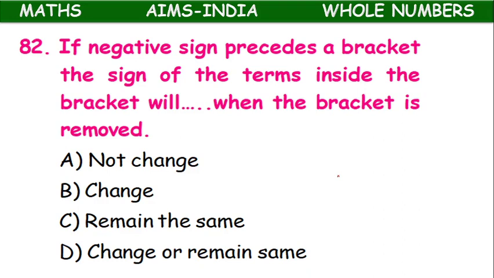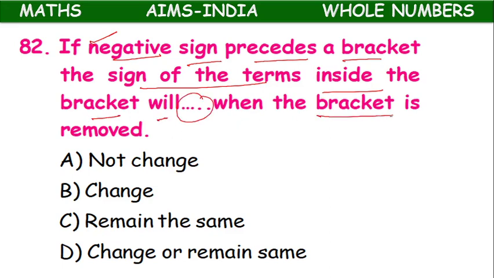Next, 82nd question. If a negative sign precedes a bracket, the sign of the terms inside the bracket will change when the bracket is removed. Suppose we have 2 minus of 4 minus 8, preceding the bracket we have a negative sign.